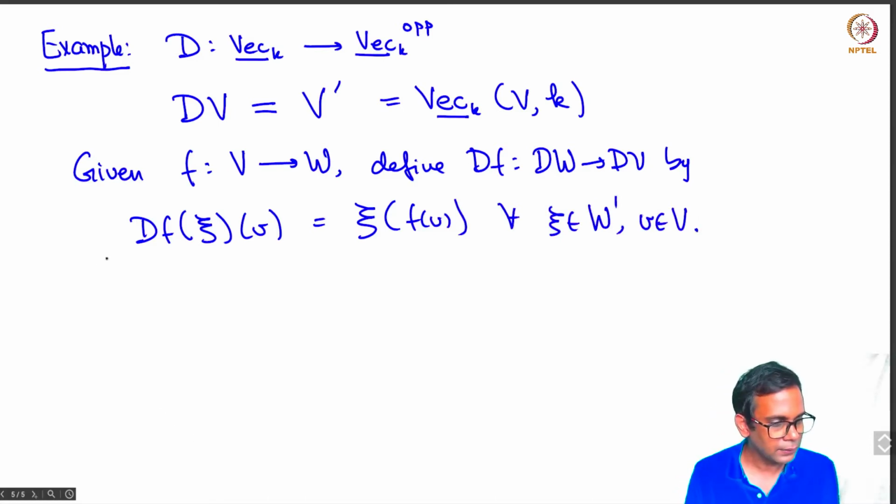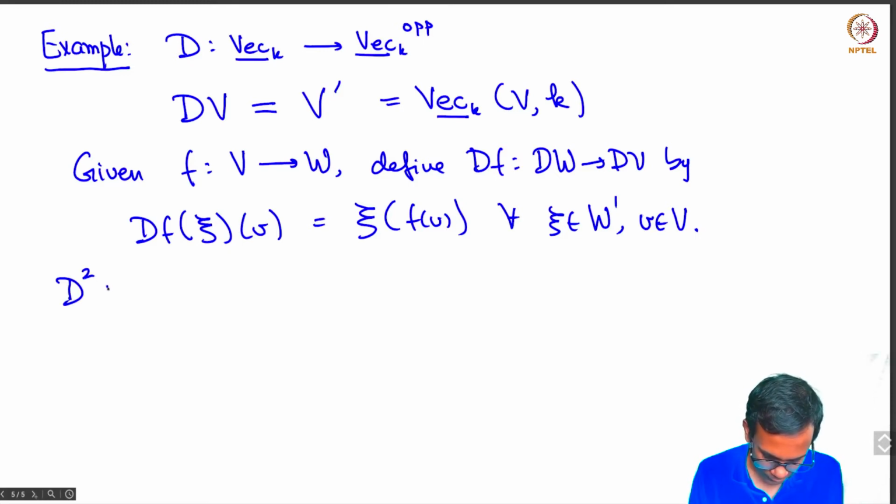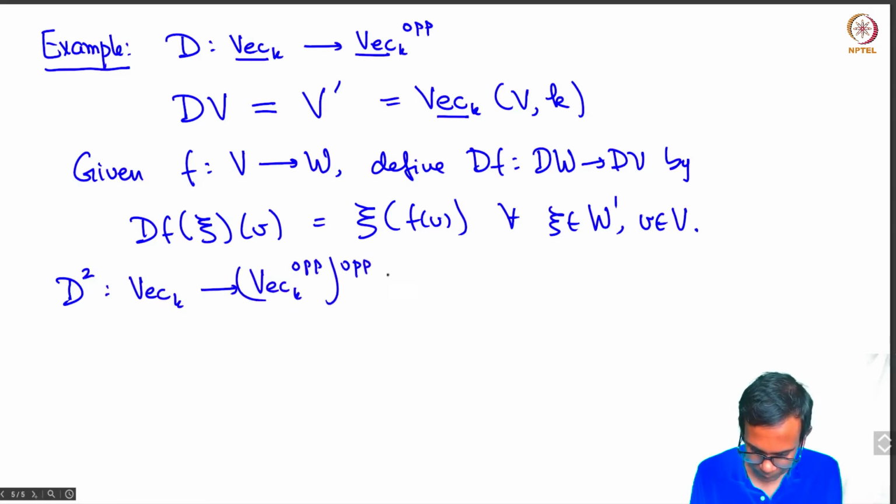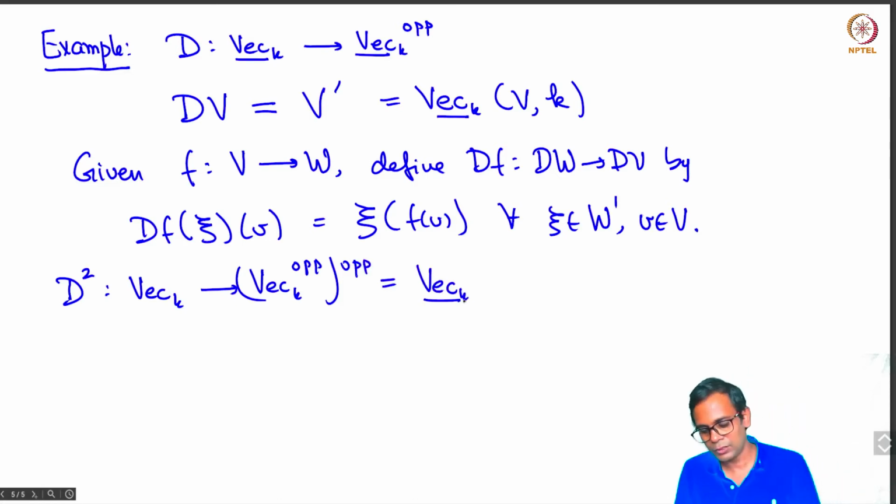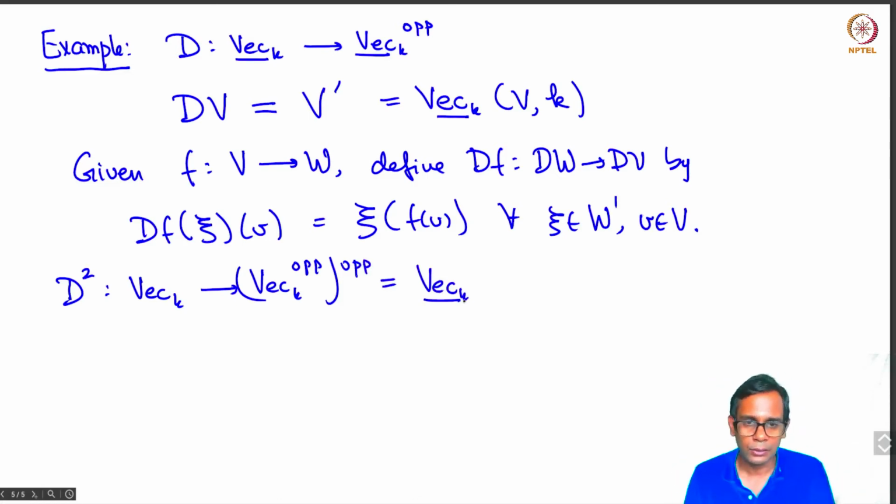Now this functor can be squared, so we can compose D with itself. So we have D squared is a functor from Vec K to Vec K op. But double opposition is just Vec K itself, because if you reverse all the arrows two times, you're back to the original arrow.